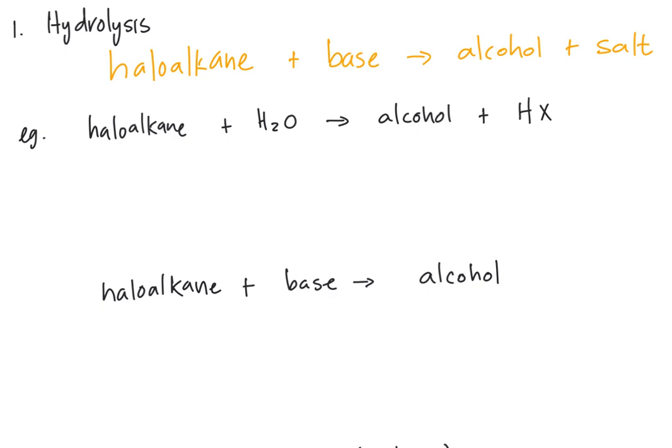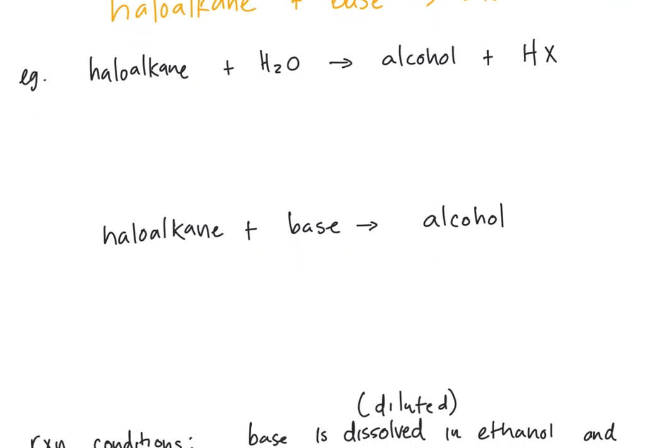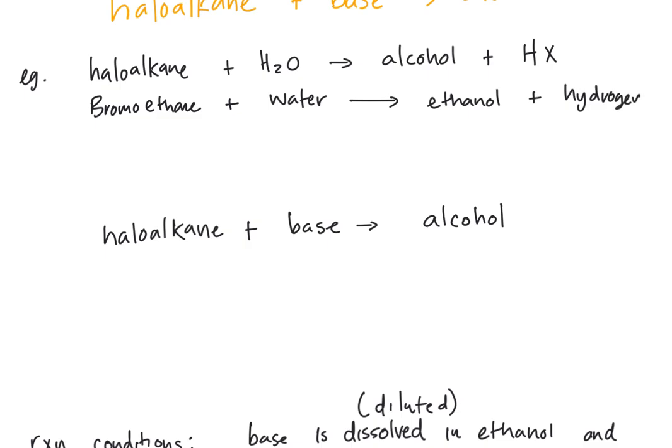So for example, I could take bromoethane plus water, and that could give me ethanol plus hydrogen bromide, or we call it bromic acid.